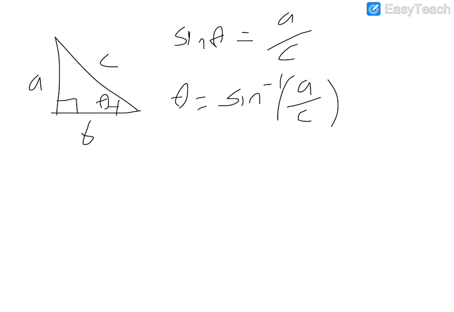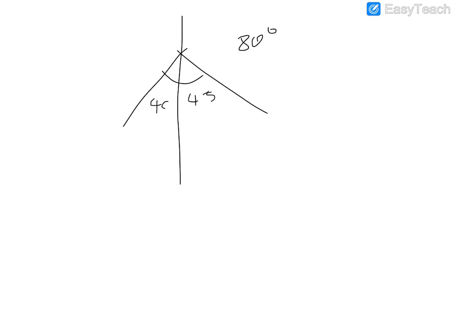Next, angle bisectors create two equal angles. Normally they have to tell you if it's an angle bisector. If this is, say, 80 degrees in total, that means each side is 40 degrees. That's only if they specifically tell you it's an angle bisector, though.